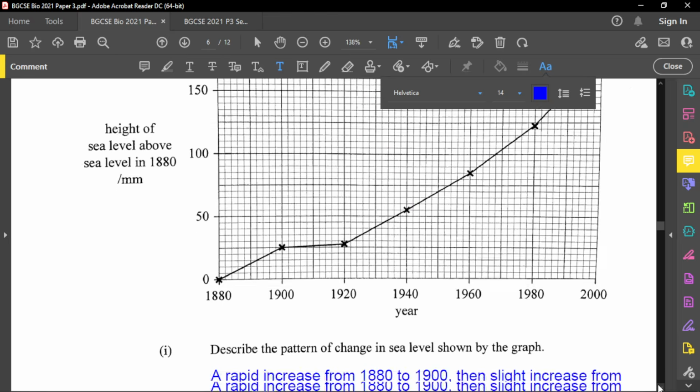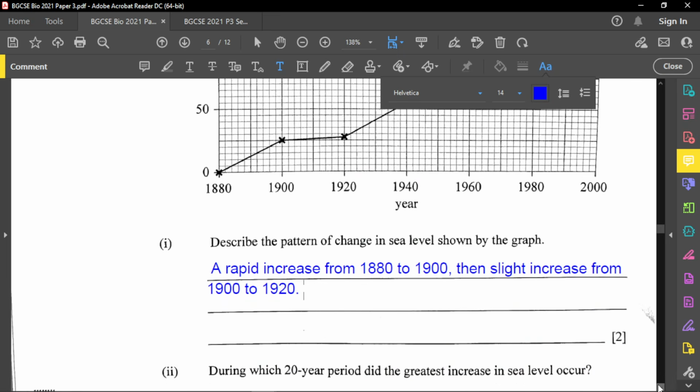So from 1920, the sea level increased rapidly to 2000, because the graph stops at 2000.